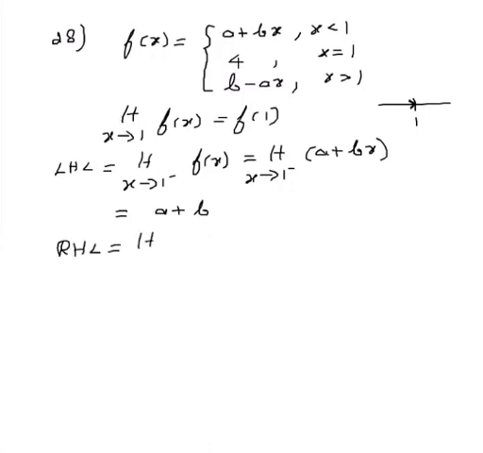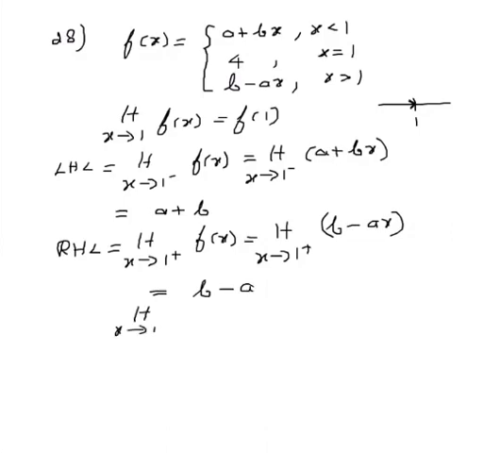Let us find RHL. Limit as x tends to 1 plus of f of x. For 1 plus, we have to use the greater than 1 definition, which is b minus ax. Again, this is a polynomial which is defined at 1. We can substitute the limit value, which gives us b minus a.